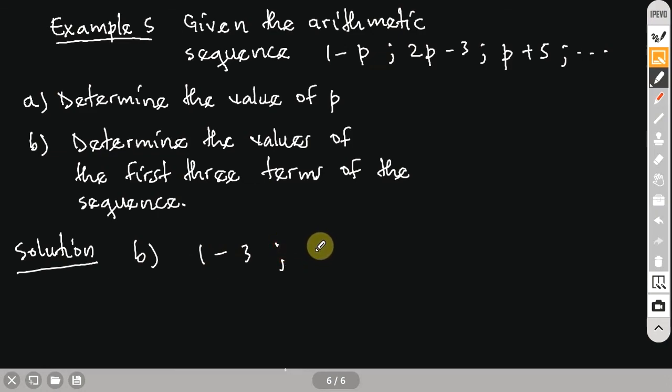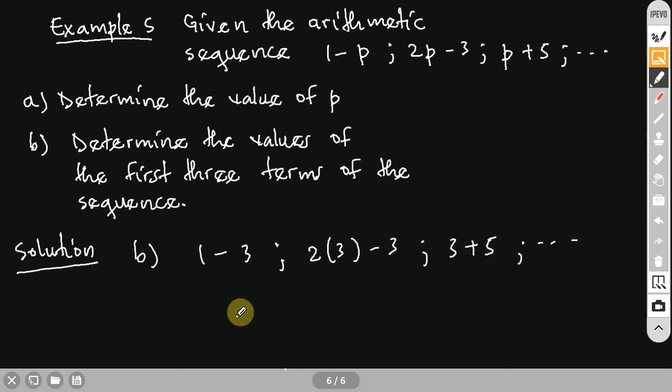And the second term will be 2 times p, which is 3, minus 3. And the third term will be p plus 5. p is 3 plus 5.